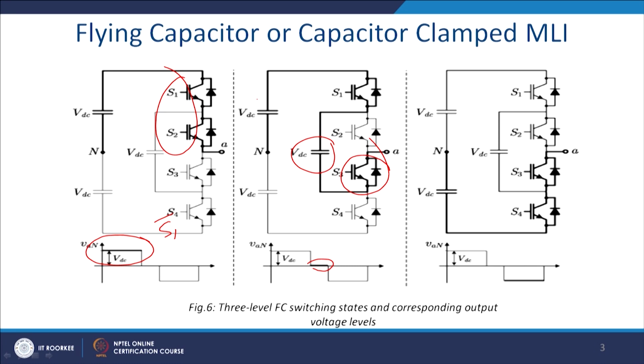So this voltage is VDC and this voltage is VDC by 2, and since this voltage is also VDC by 2, you are getting a 0 voltage. Similarly, it is quite simple, this voltage you get minus VDC by 2.